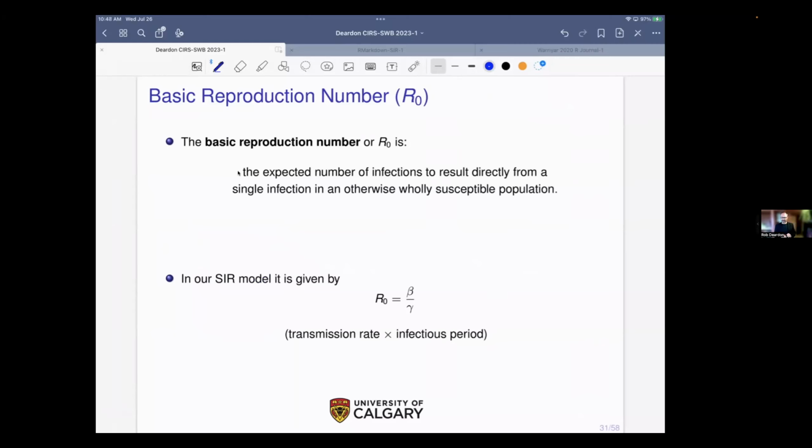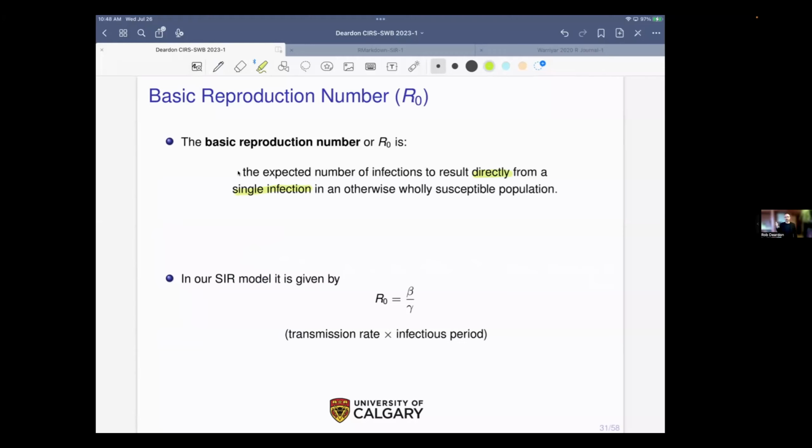And what it represents is the expected number of infections that result directly, so directly is important, from a single infection in an otherwise wholly susceptible population, right? So conceptually, we're saying, here's my population, one individual gets infected somehow. How many individuals on average do they directly infect, right?